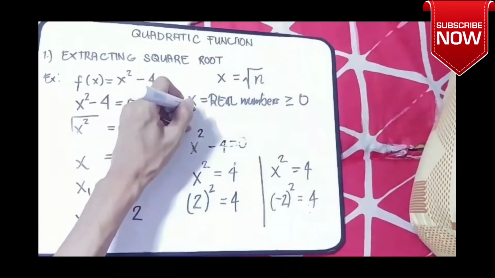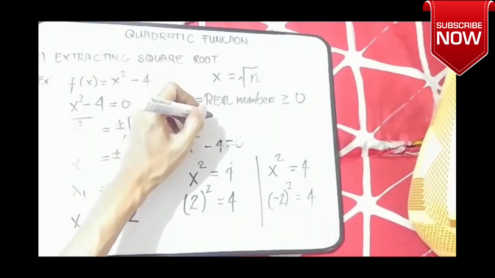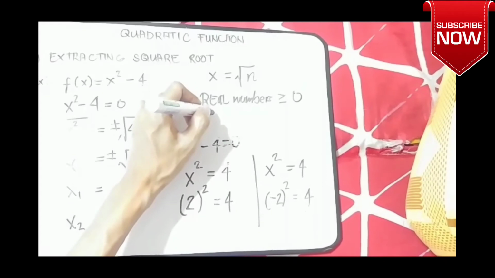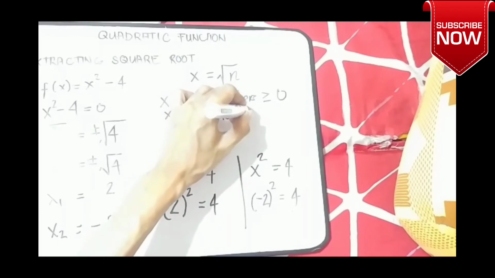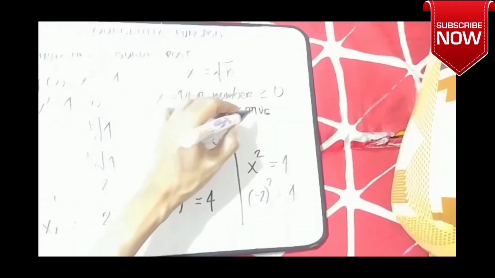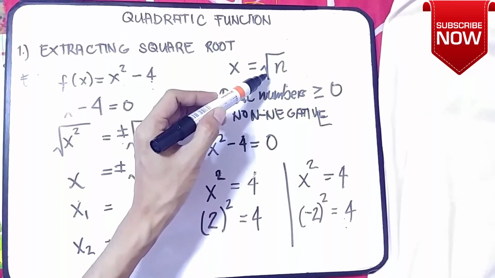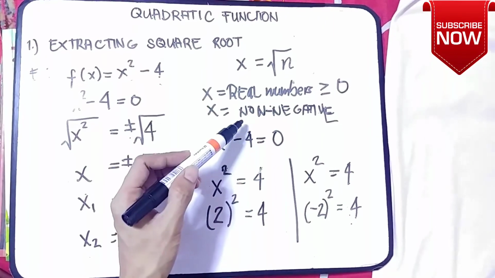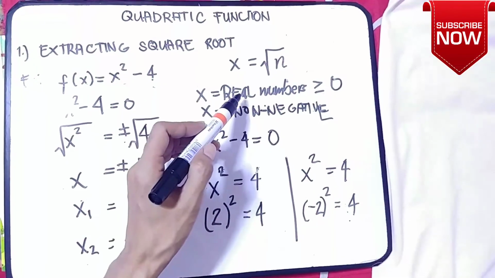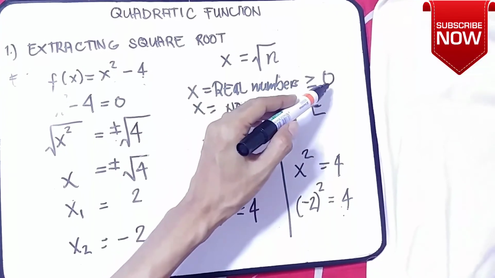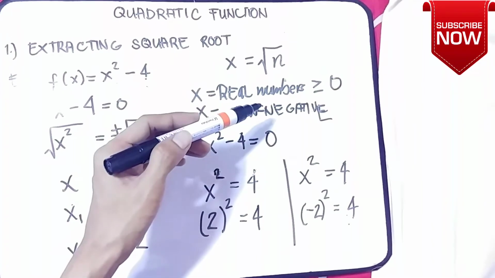Meaning to say, x, which is the square root of n, could not be negative. So it is non-negative. Ibig sabihin, ang square root ng any positive number ay hindi pwedeng maging negative. Bagkus ito ay real numbers starting from 0 up to infinity or any positive numbers.